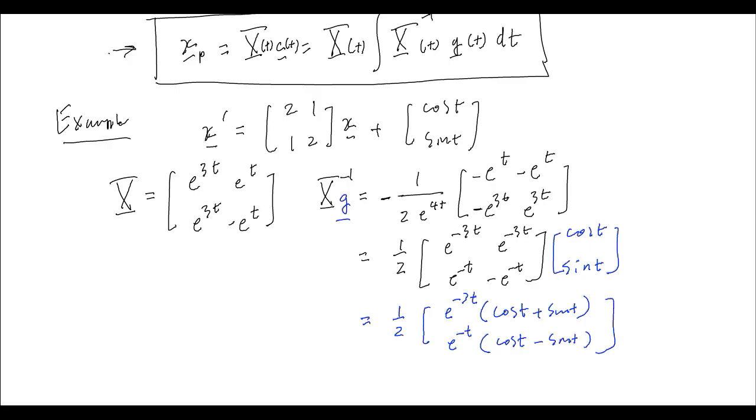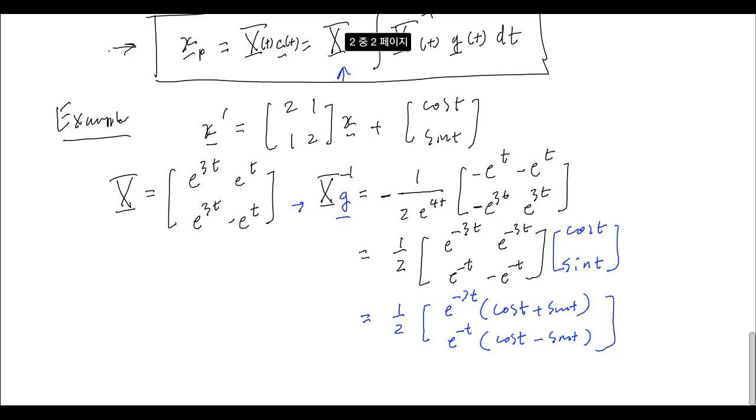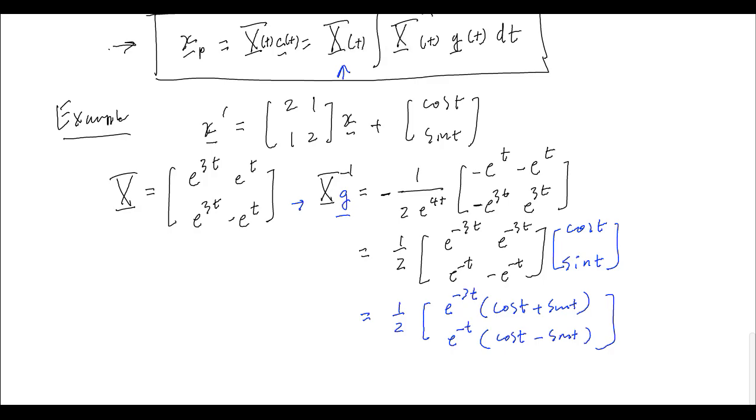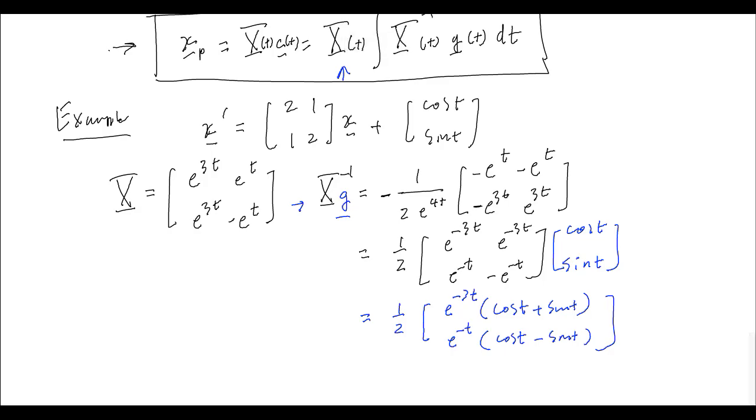Now you need to integrate this and then multiply X of t by that. Then you will see that you get the same answer as before. I'm not going to go through all the calculation, but leave it for your exercise. Okay, so that's it.